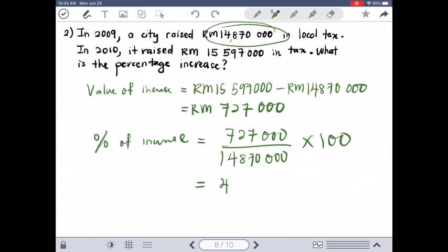We should get 4.889%, which becomes 4.89%. Normally for percentages we take at least two decimal places.